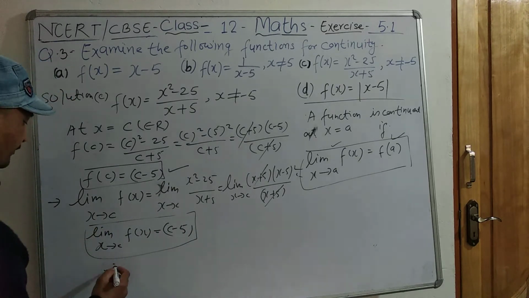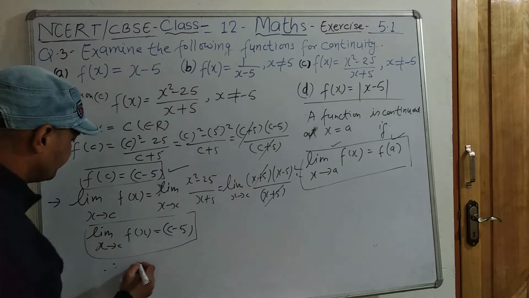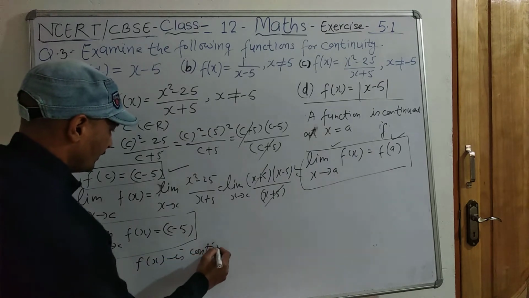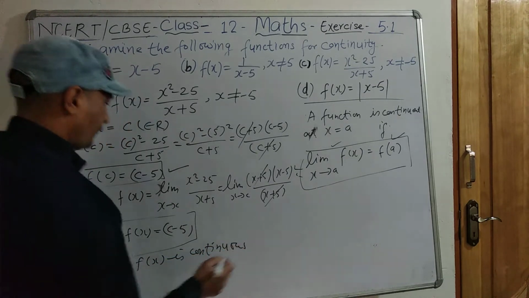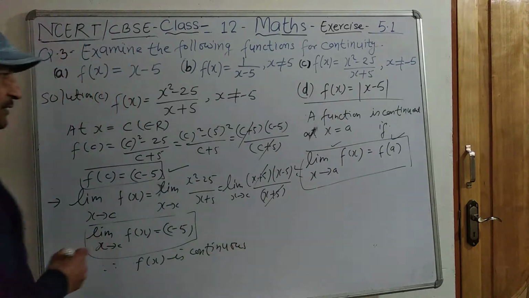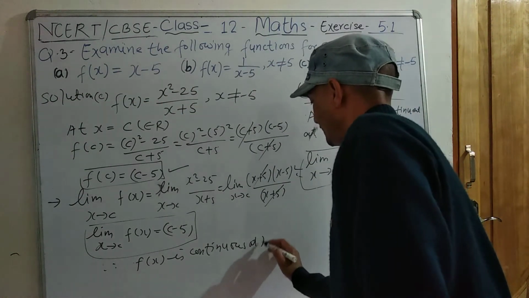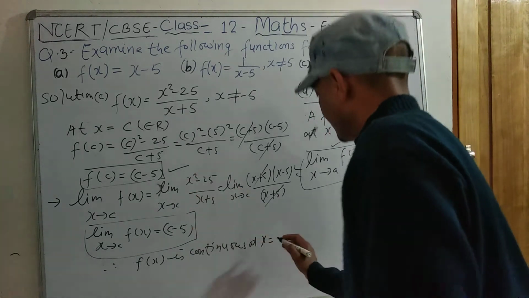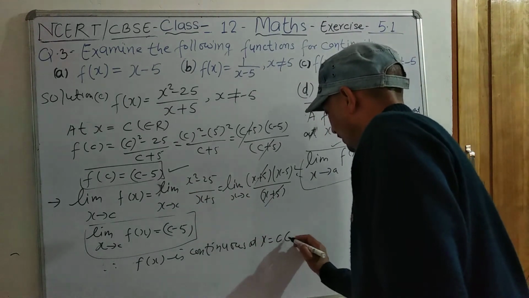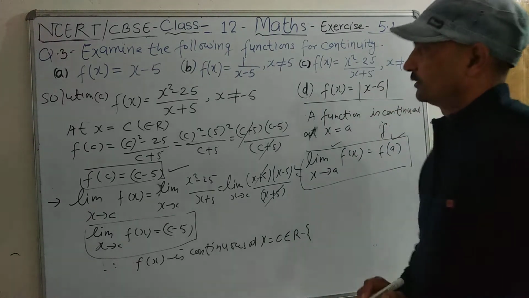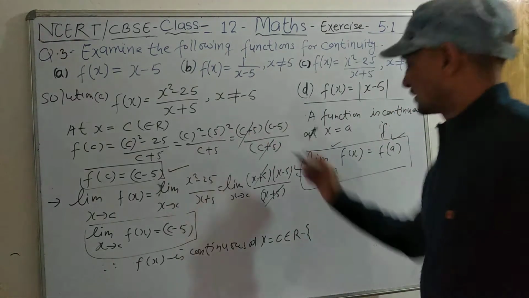That means the given function is continuous at x is equal to c, c belongs to R, but where is it not defined? Minus 5.